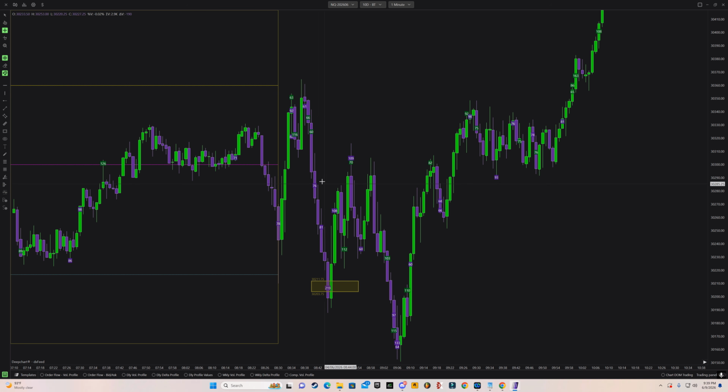So the way that I would enter this trade is I would wait for price to close above these aggressive sellers, 76, 78. But there's a problem. The point of control is where price tends to consolidate and then do random things, or it just reverses.